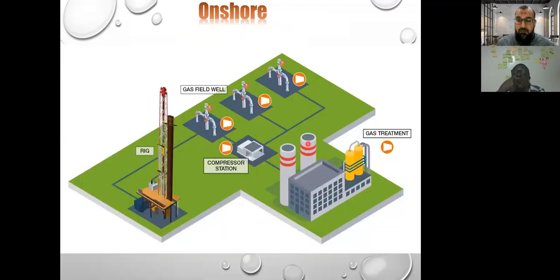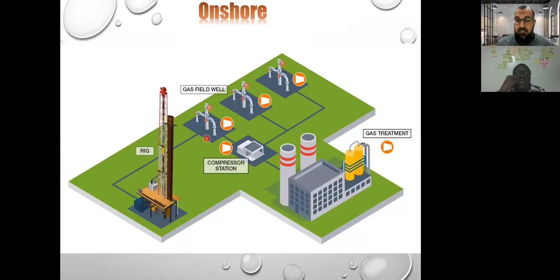In this photo, it also shows you the onshore plant, starting with the onshore rig. Here is the onshore rig. This is the platform of the onshore rig on the land, so it is onshore. Then after they produce the oil, they go to the midstream area for what? For the GOSP, the gas oil separation plant.